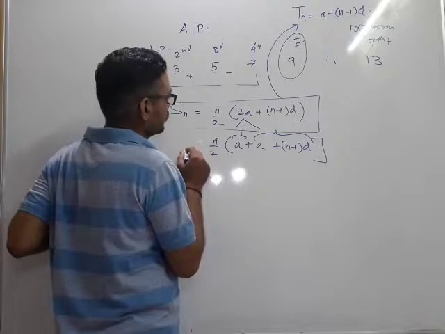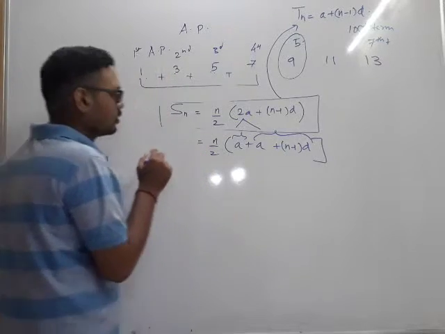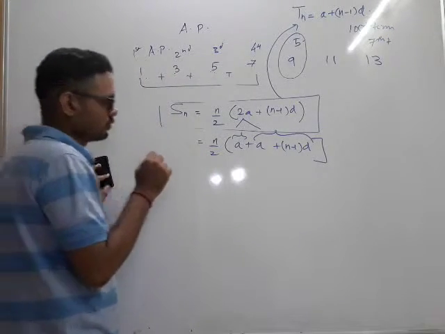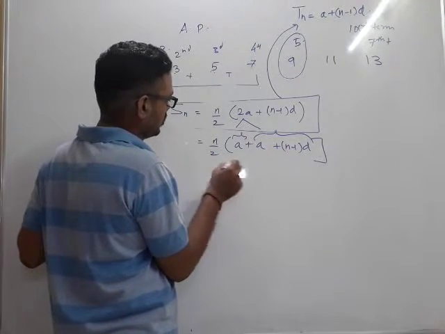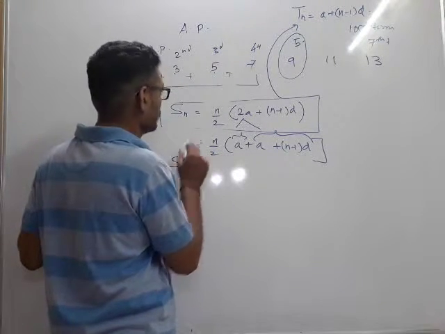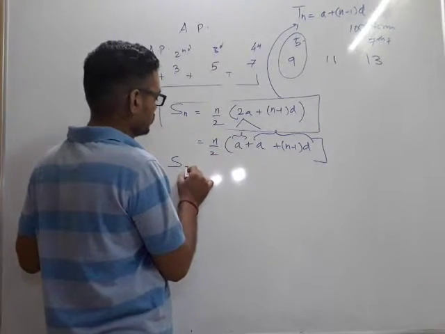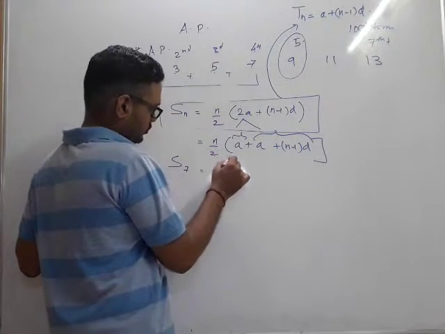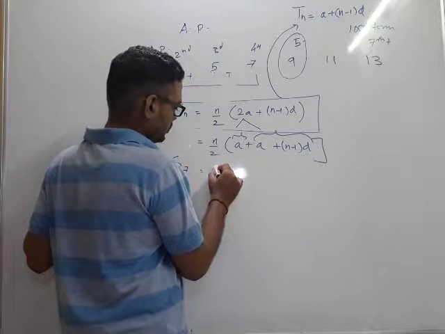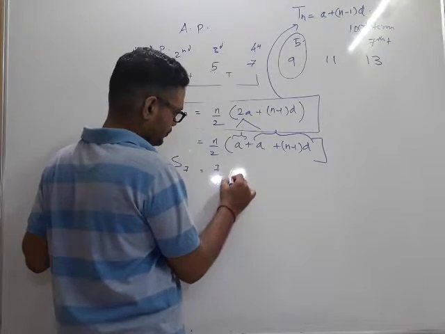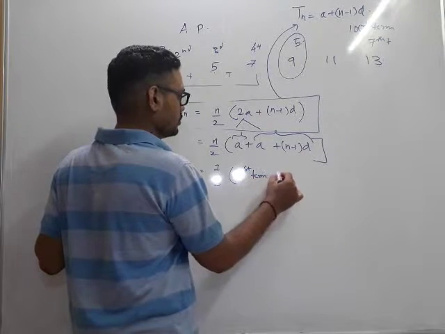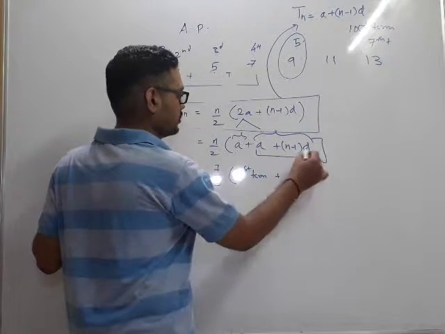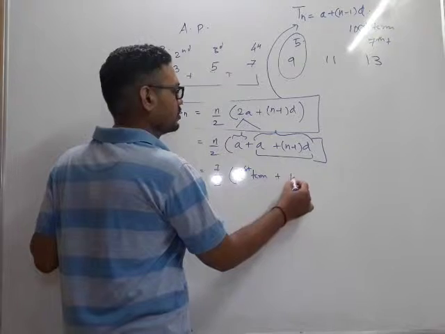So if I have to find the sum of all the numbers, 7, it can be written as 7 by 2 first term plus this will be my last term.